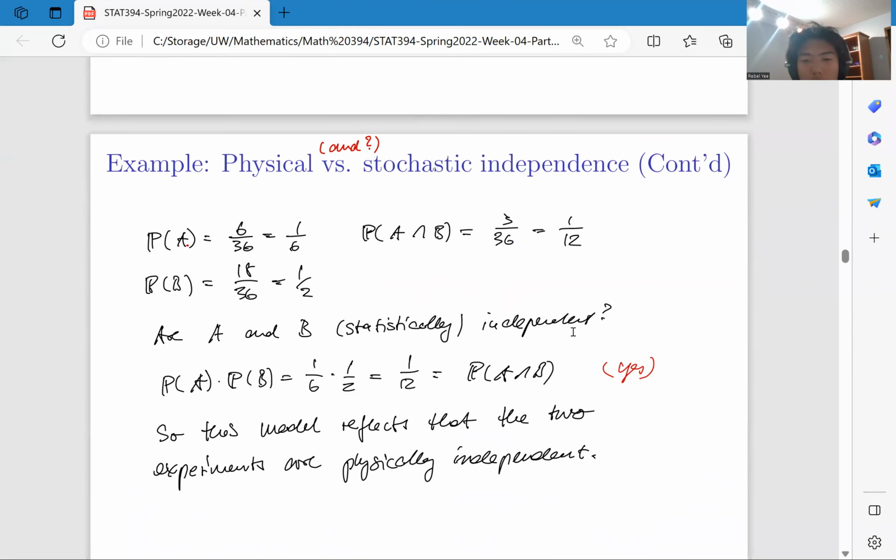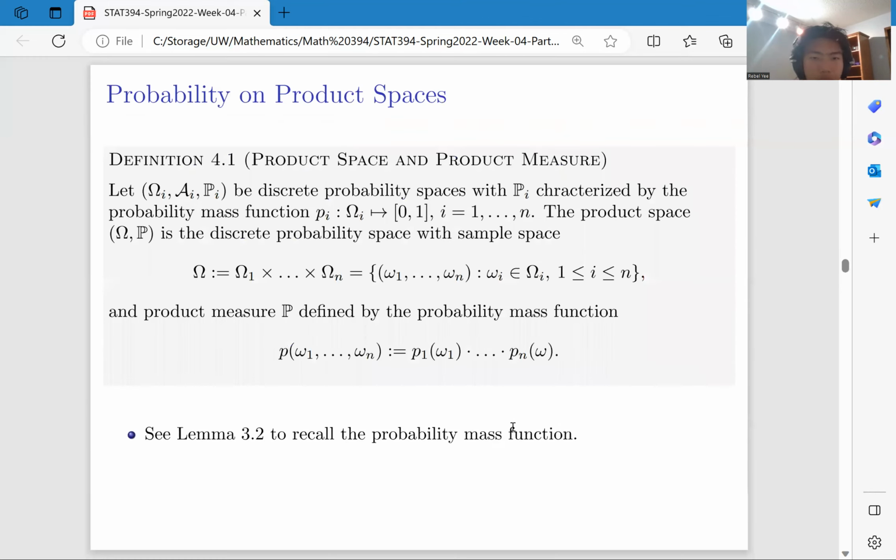Based on the stochastic independence we have proved here, we are able to figure out they are physically independent too. So we always use mathematical terms to find out stochastic independence, and then we can conclude the more real case, that they're actually physically independent.